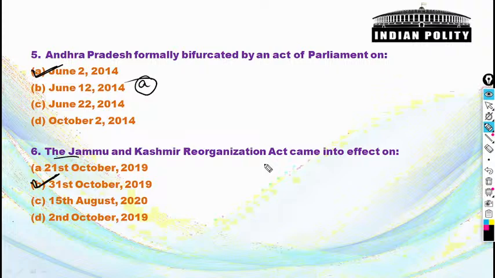Girish Chandra Murmu, an IAS officer, is currently the Comptroller and Auditor General of India. He was the first Lieutenant Governor of the Jammu and Kashmir Union Territory. Now it is Manoj Sinha. So that is question number 6.